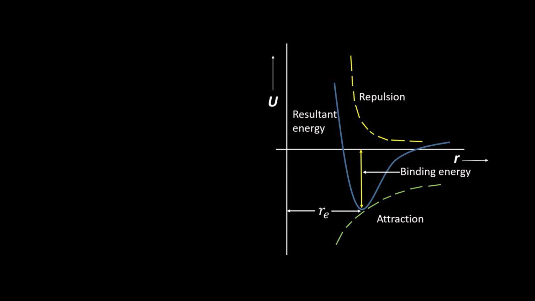Mathematically, we can represent that the attractive energy is proportional to the mth power of interatomic distance, and the repulsive energy is proportional to the nth power of interatomic distance, and the total energy is the resultant of these two forces, where A and B in these expressions are some constants.